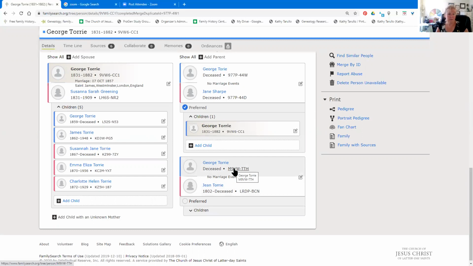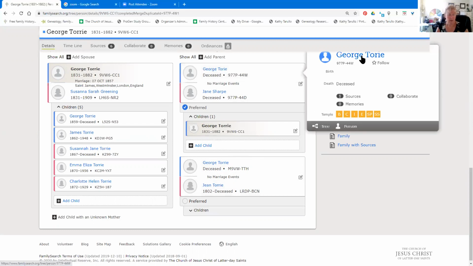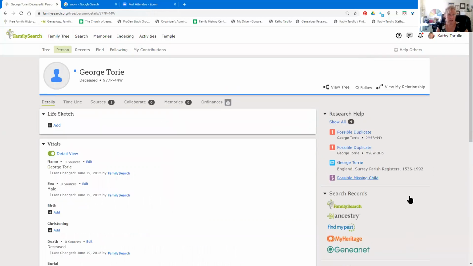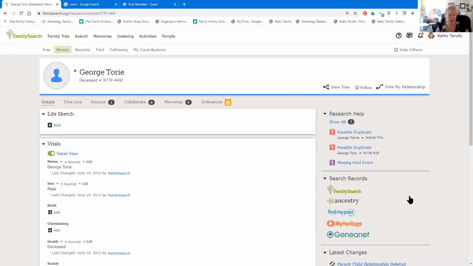I would copy this ID, I'd go to this George Torrey, and then I'll just show you. I'm going to George Torrey again. So this is the father, and that's telling me possible duplicates, and there it is right there. That's the ID I just copied.